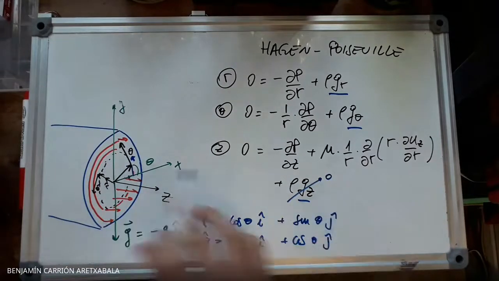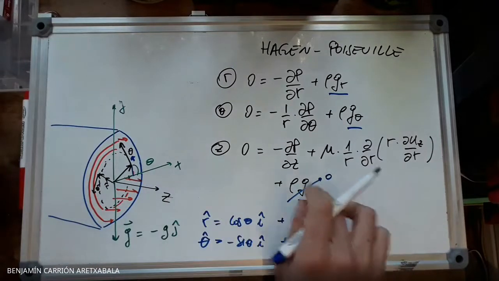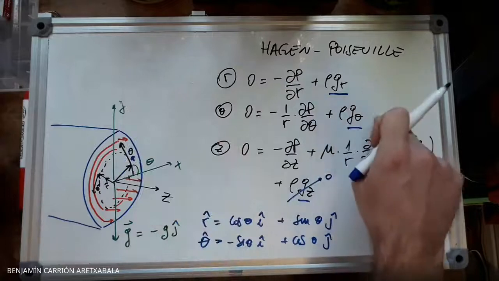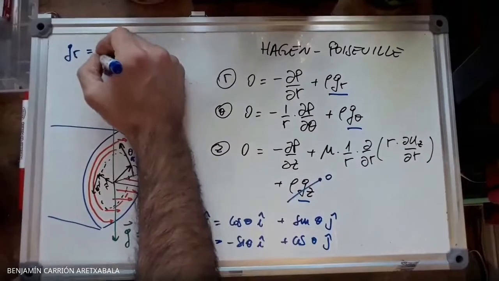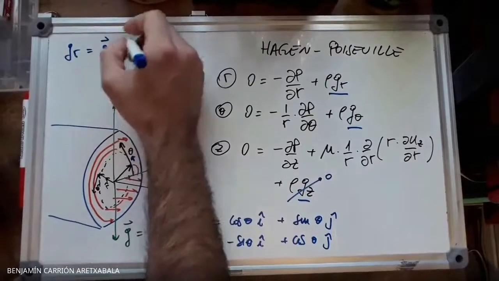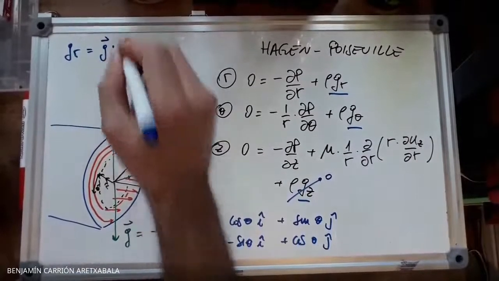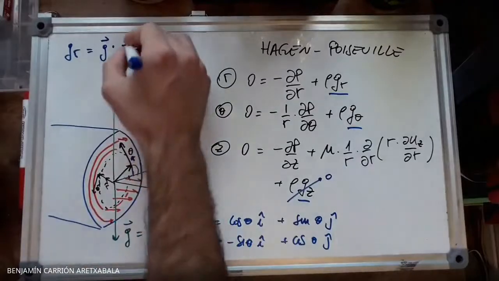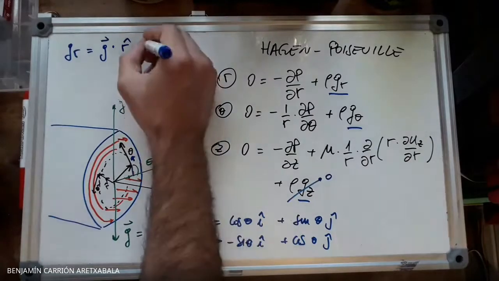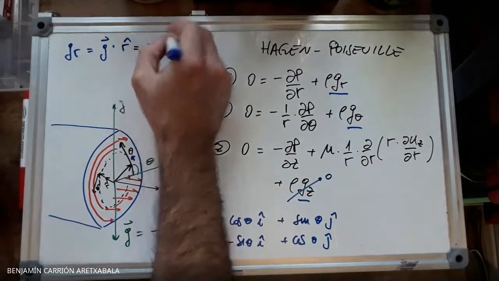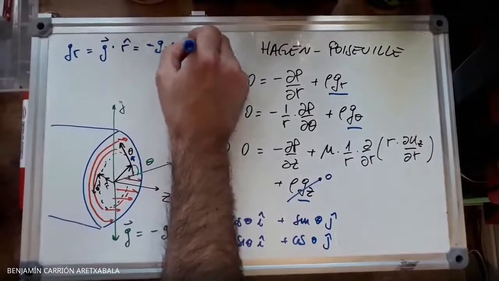And gr and g theta are nothing more than g, the vector, dot product with the unit vector. Here we're going to get minus g sine of theta for gr.